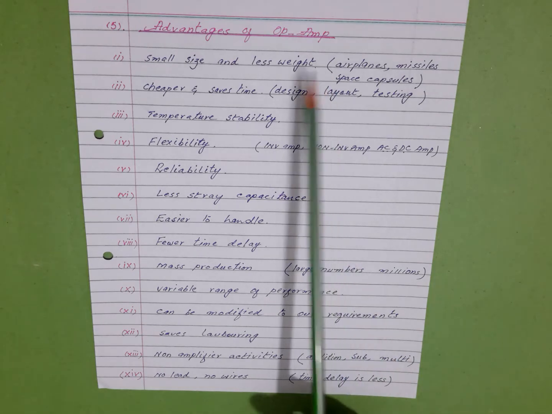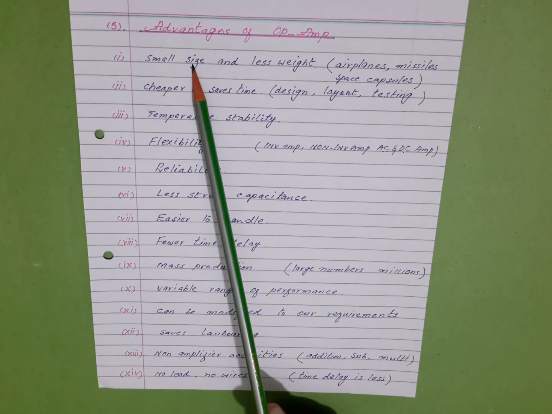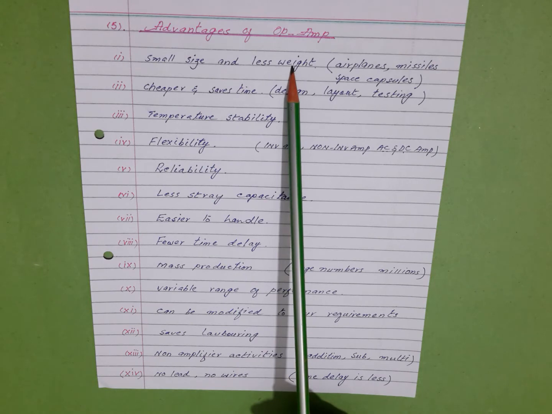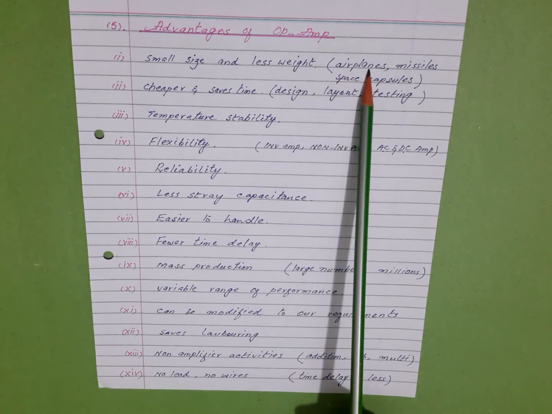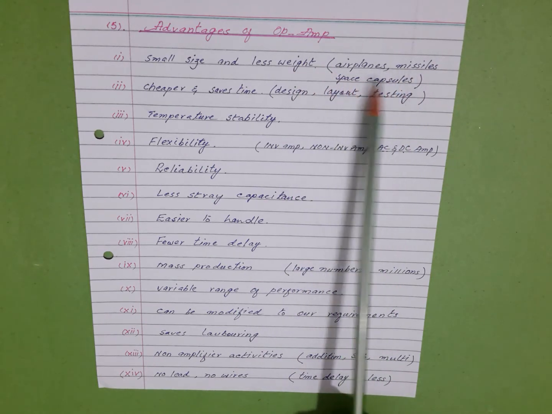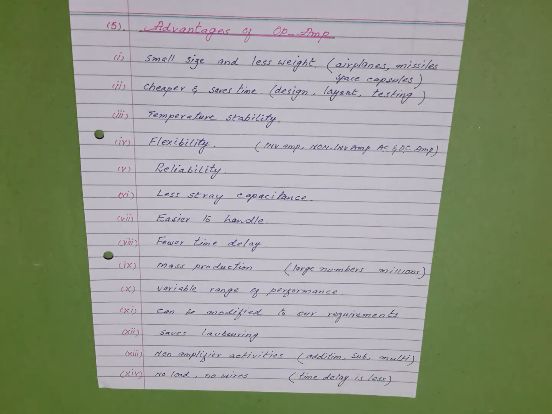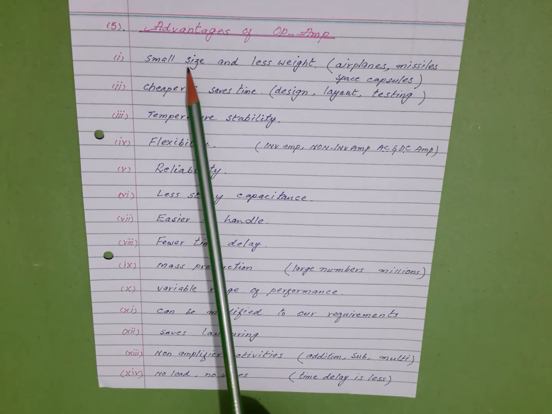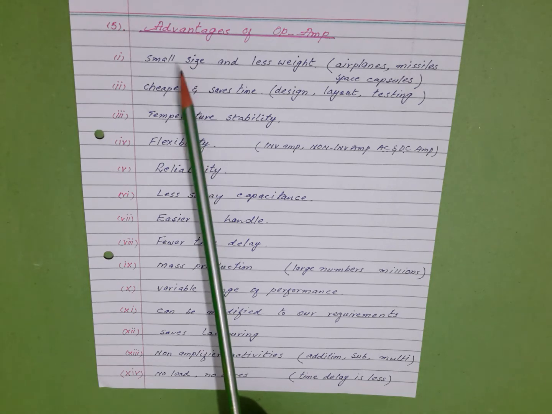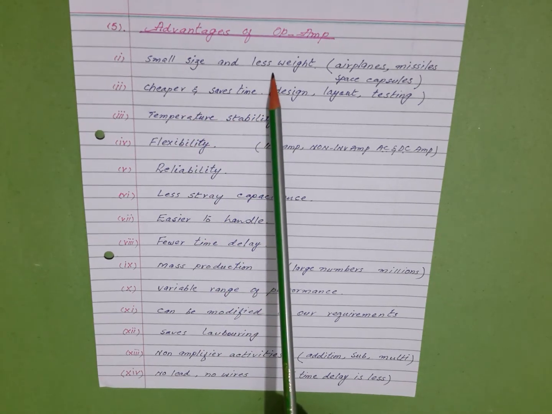Advantages of op-amp: it is small in size and has less weight, used in airplanes, missiles, space capsules. Of course, when we are talking about aircraft, airplanes, missiles and space capsules, the foremost consideration is that the size of the component should be small and it should have less weight.